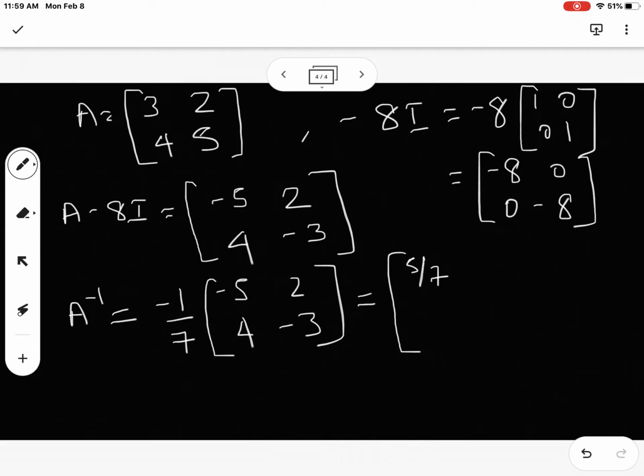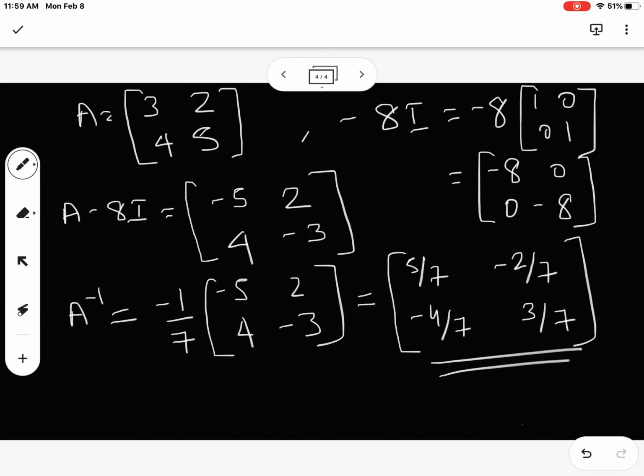And then minus 1 by 7 into plus 2, so that's minus 2 by 7. And then you have minus 1 by 7 into 4, which is minus 4 by 7. And then minus 1 by 7 into minus 3, so that becomes plus 3 by 7. So the value for A inverse is this. So this is your final answer.